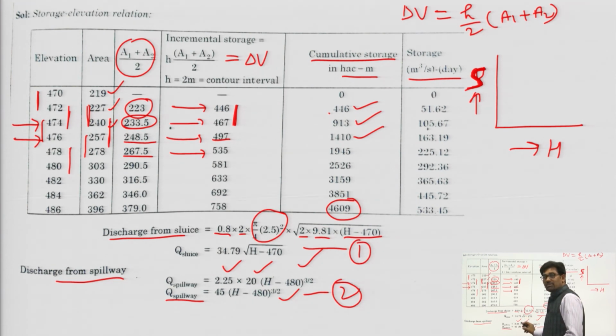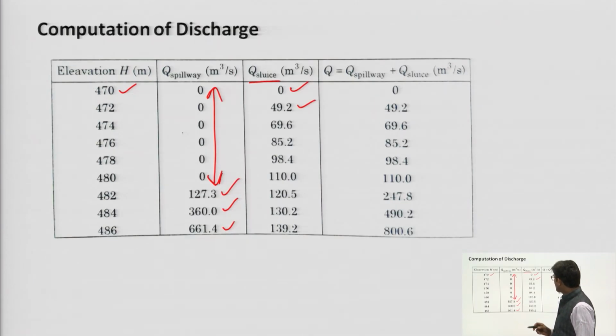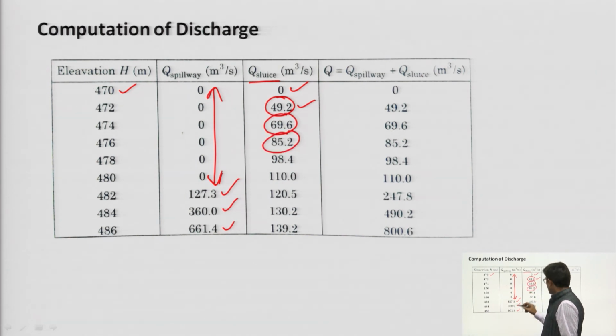If the value of h is less than 470, you will get a negative value of discharge, which does not have any sense. That is why only elevations more than 470 will have discharge, calculated by this formula.